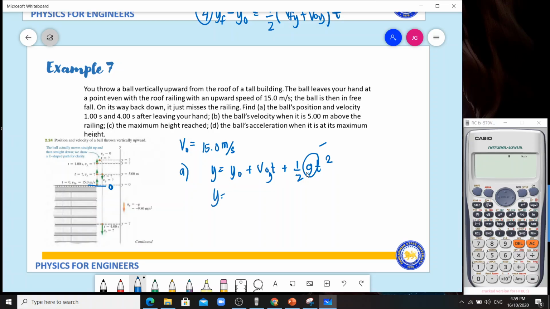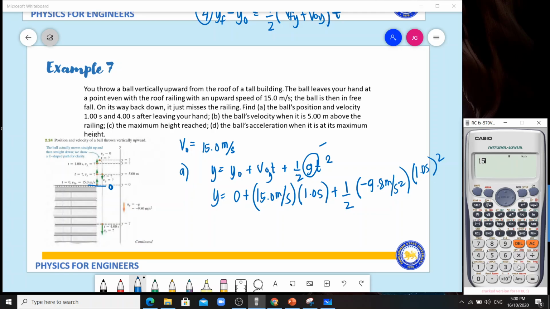So, y is equals to y0 is 0 plus v0y natin is 15.0 meters per second times time na 1 second plus 1/2 negative 9.8 times yung unit, huwag kalimutan, negative 9.8 meter per second squared, then 1.0 seconds squared.